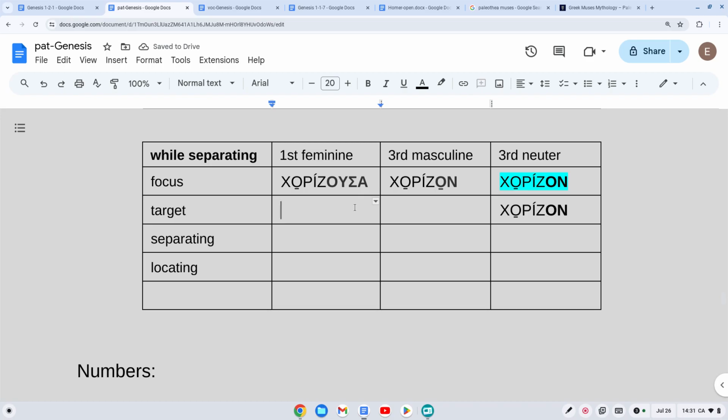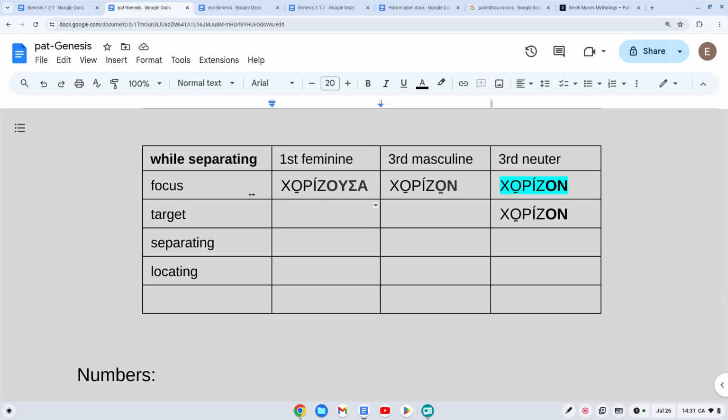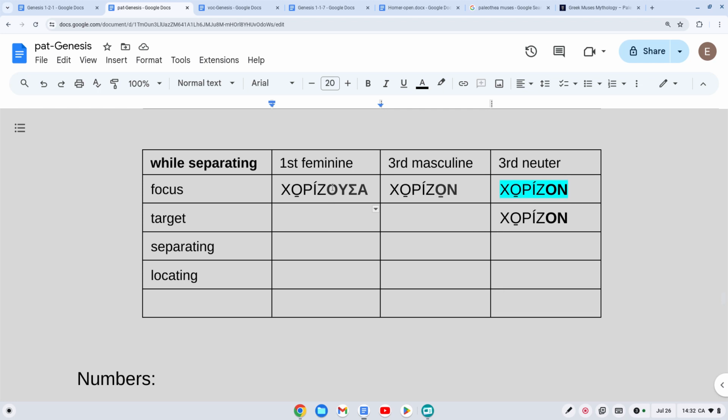Okay, now while separating is like a noun modifier. So we have a feminine ending, a masculine ending, and a neuter ending. And let's take a closer look at the feminine endings. You notice osa looks familiar.